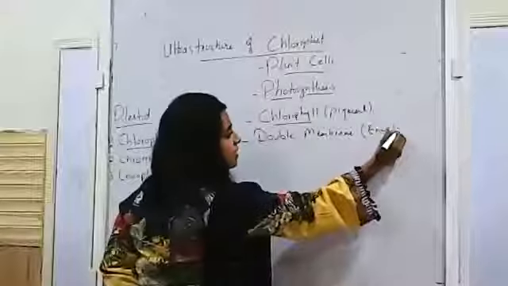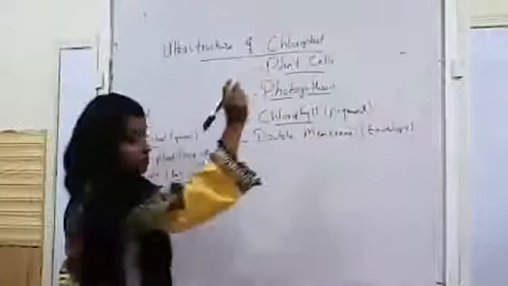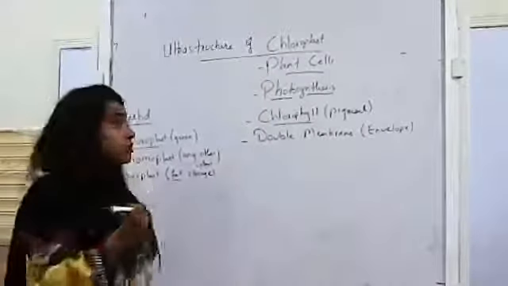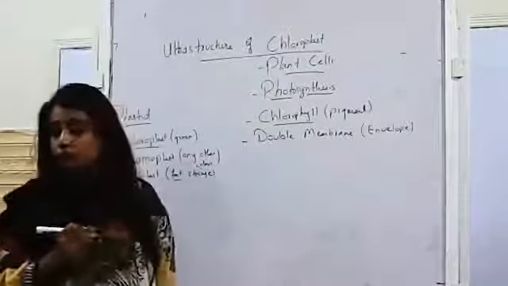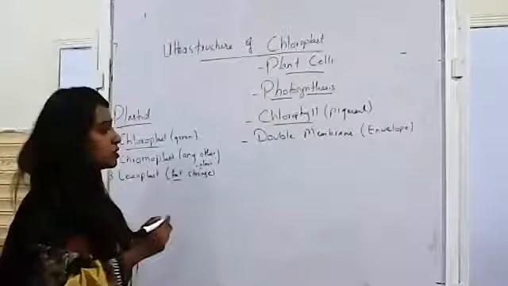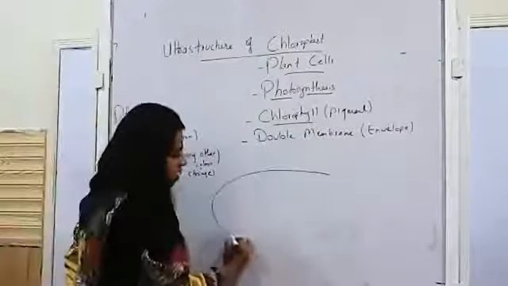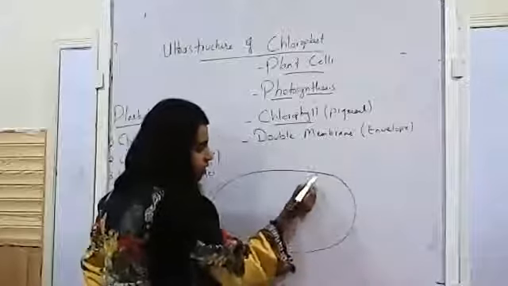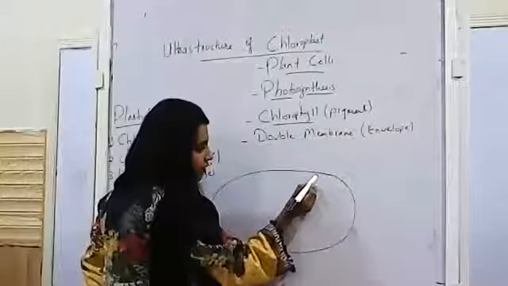It has an envelope, but unlike mitochondria, it is not folded. The envelope is smooth. So if I draw a chloroplast, it will have a double membrane structure.